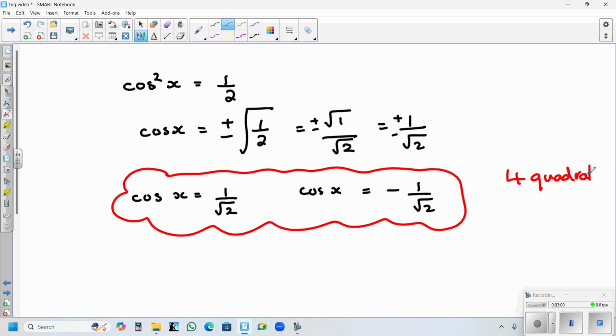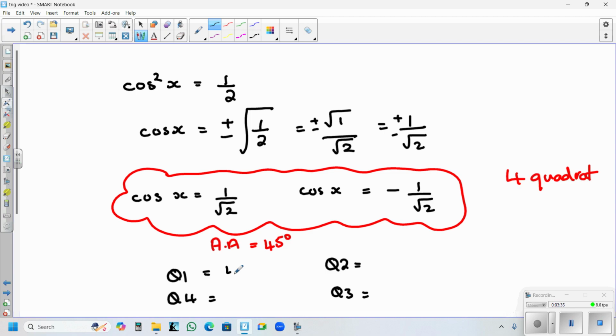Now, we know that 1 over root 2, we're talking about cos, so the exact value for that one has got to be 45 degrees. So the acute angle is equal to 45 degrees. But I know I've got 2 places where cos is positive. That's quadrant 1 and quadrant 4. So we can write down our answer quadrant 1, quadrant 4, that's 2 positive ones. We've got 2 negative ones. Cos is negative in quadrant 2 and quadrant 3. So basically, we've got an answer in all 4 of the quadrants.